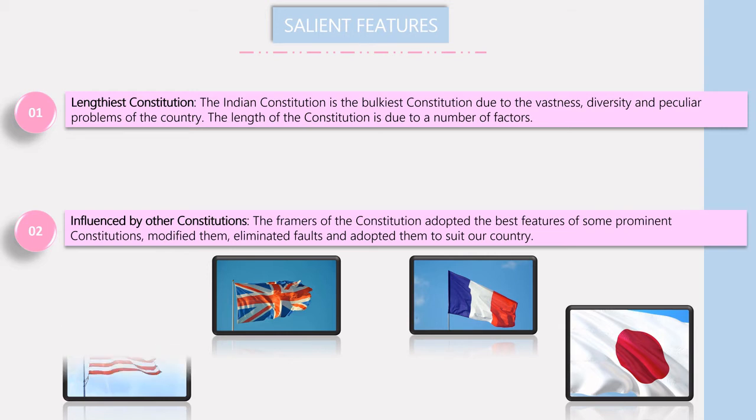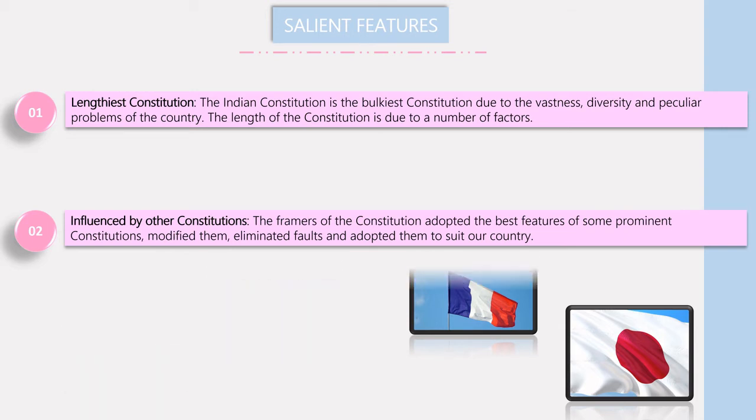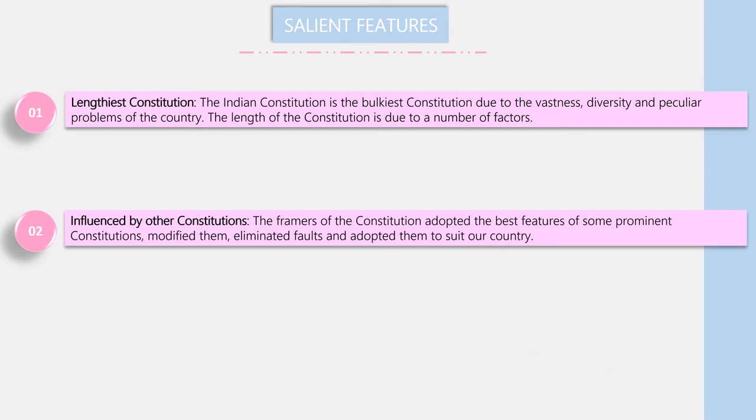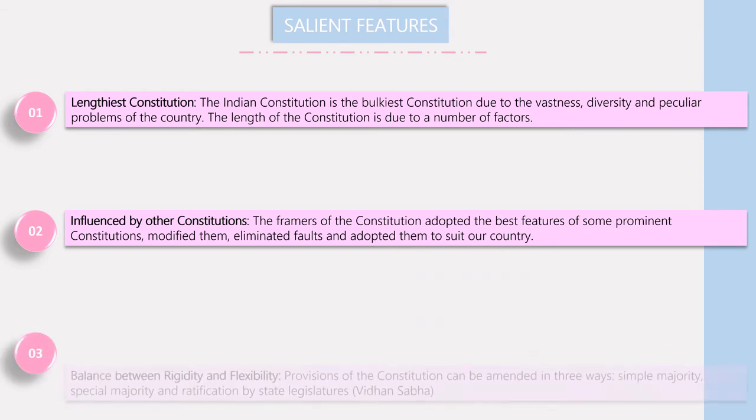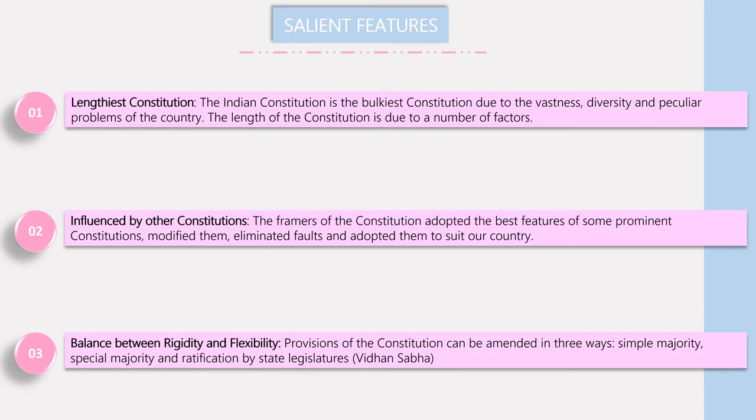Third, balance between rigidity and flexibility. Article 368 of the Indian Constitution lays down the procedure for amending the Constitution. They are as follows.